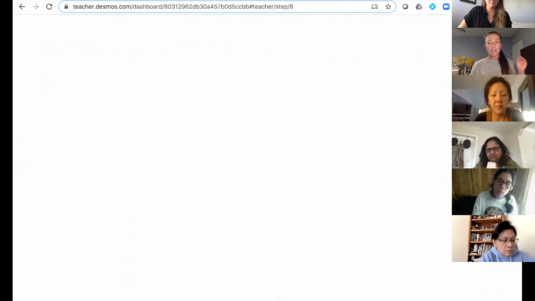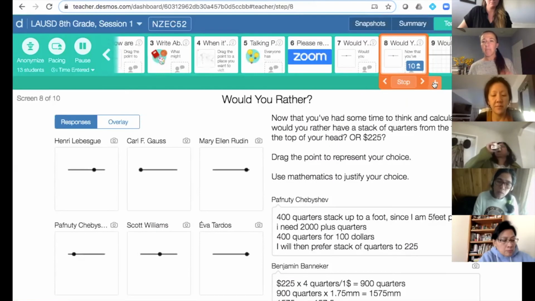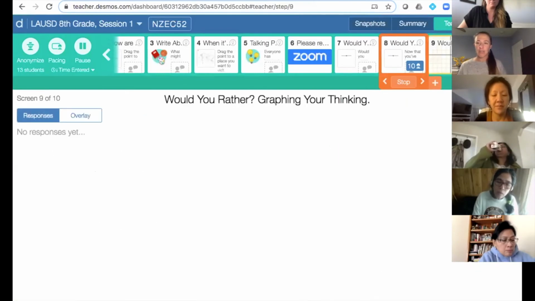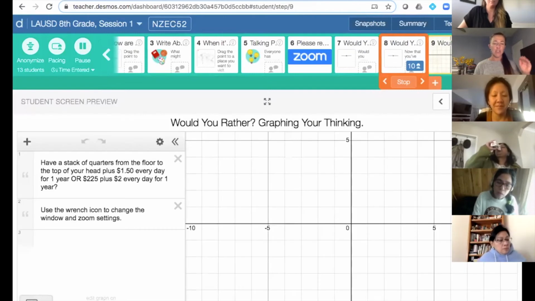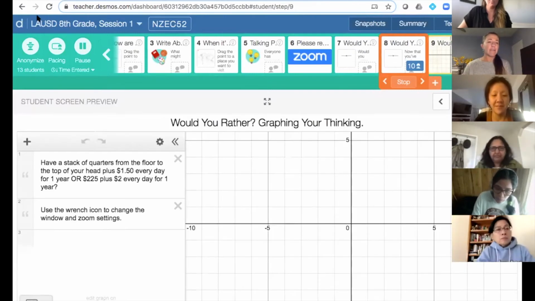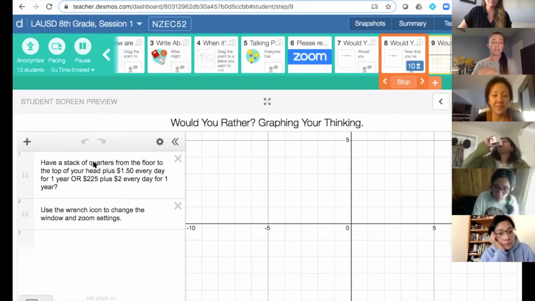So we're not going to have time to do this piece, but what I have set up for you in the Desmos, which I can open up later, is basically an 8th grade version of this. I've given you an option to graph, because that's that 8th grade standard of taking linear relationships and being able to graph them.